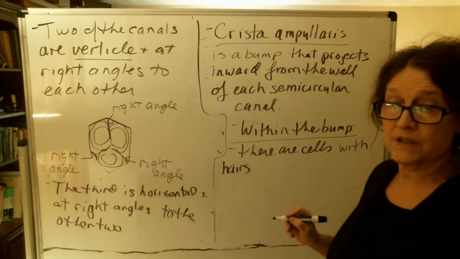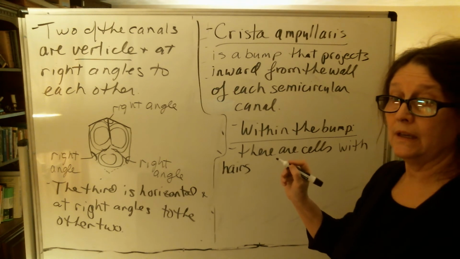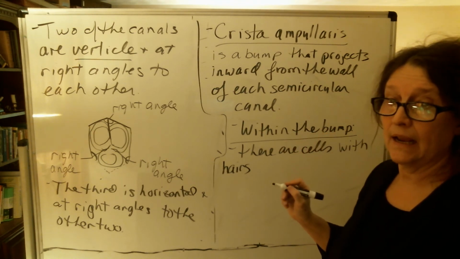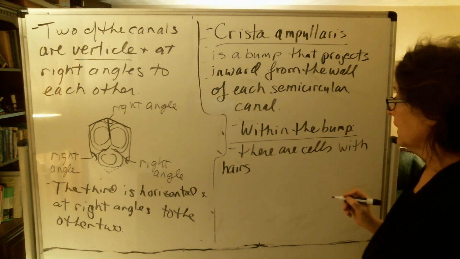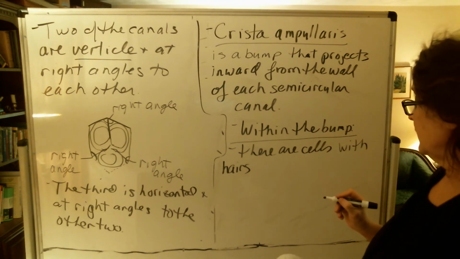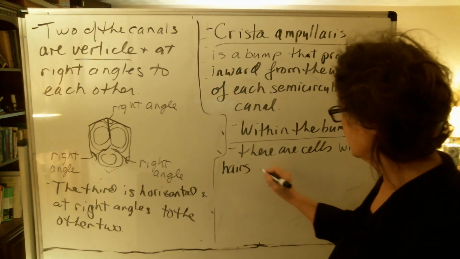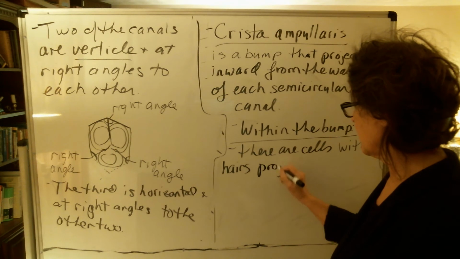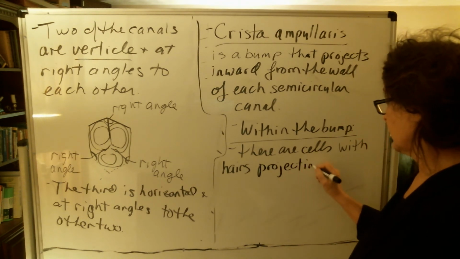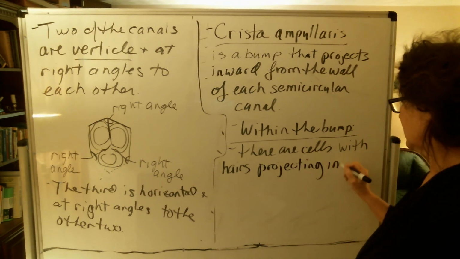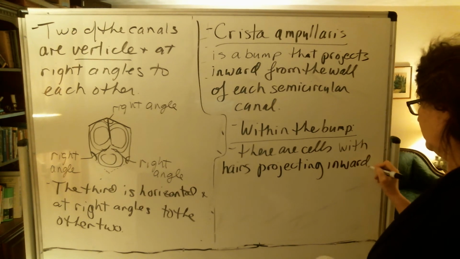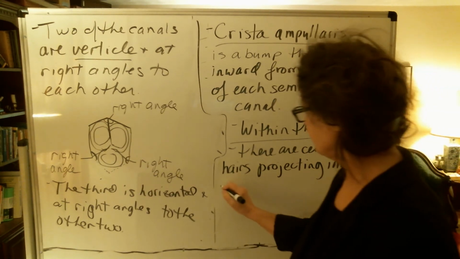Every nerve signal having to do with the ear has to do with bending hairs one way or another. So within the bump, there are cells with hairs projecting inward. I will draw this in a moment.